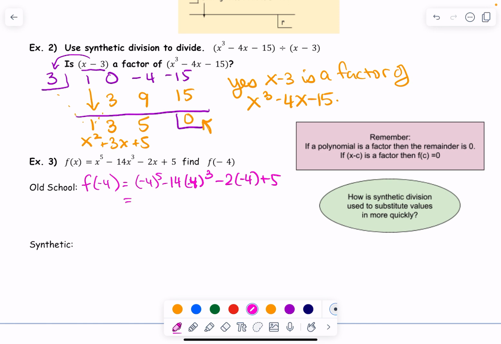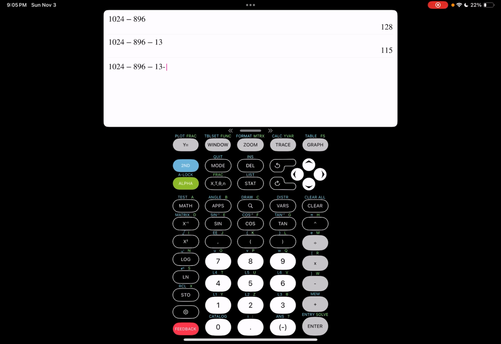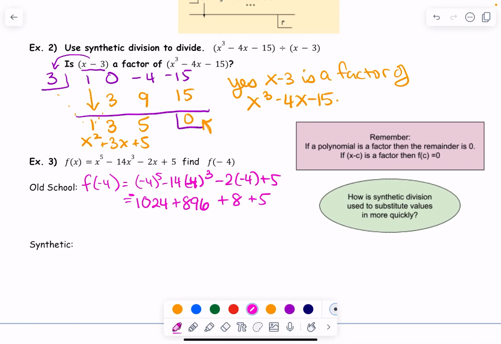That's really ugly. So -4 to the 5th, if you have a calculator, is going to be -1024. And then we're going to get a positive 896, and then a positive 8 and a positive 5. And so when we add all this up, and I literally just did this on the calculator, we're going to get -115. Okay, so obviously if you have a calculator, it's not too bad. But if you don't have a calculator, that would be a bear.